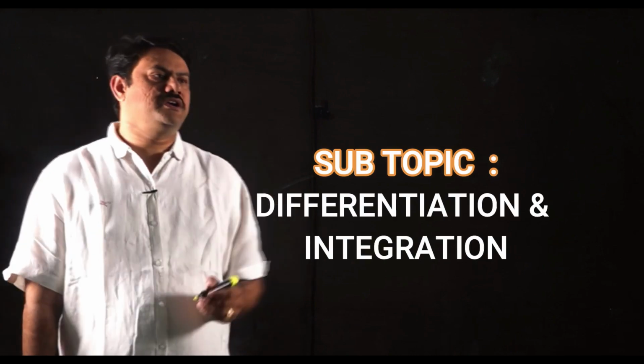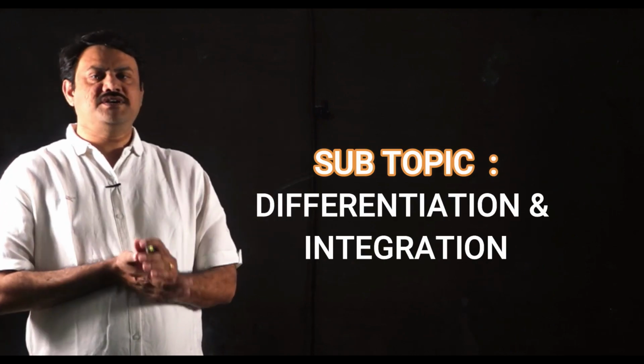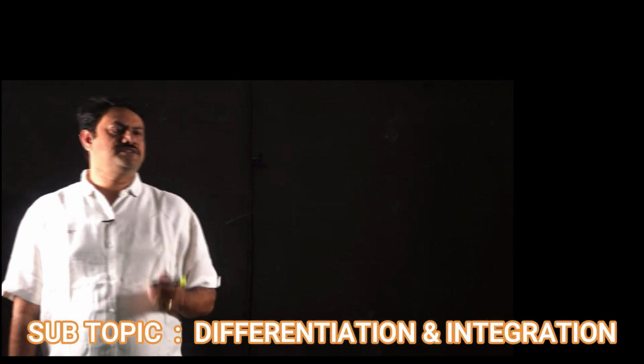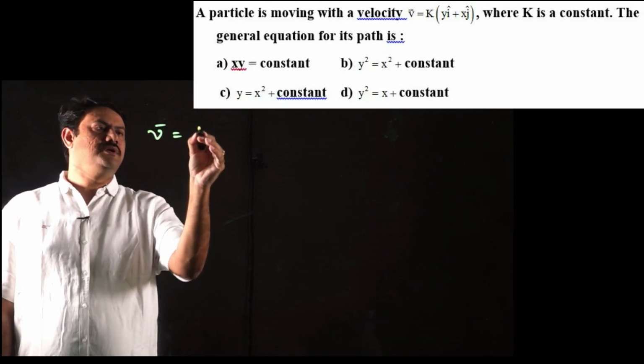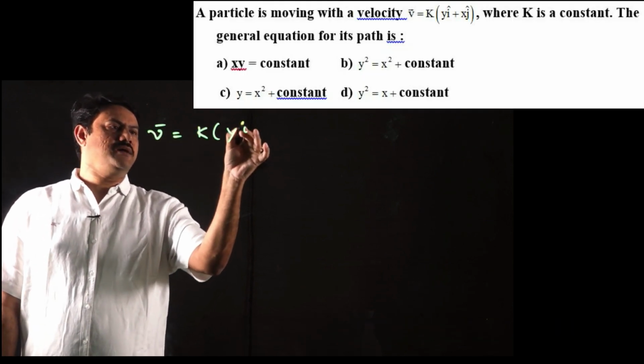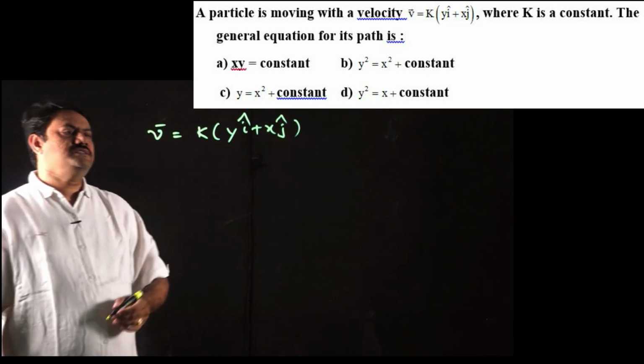In the 2-dimensional motion, first subtopic, differentiation and integration. In that one, the general equation of path. Previous question: a particle is moving with a velocity v bar is equal to k into y i cap plus x j cap, where k is a constant.